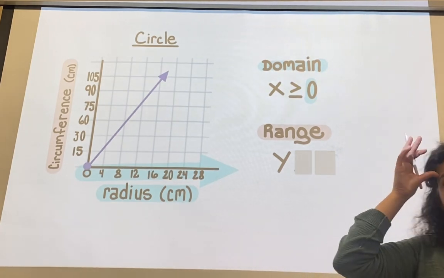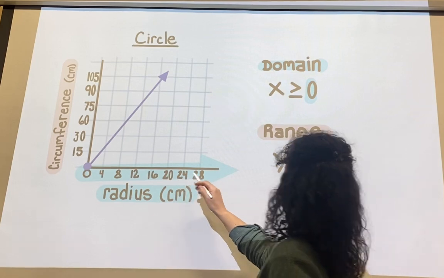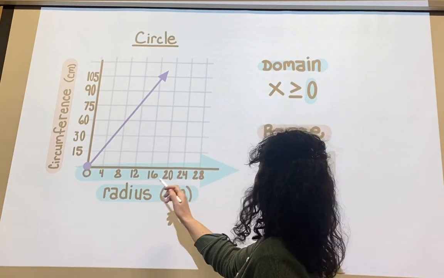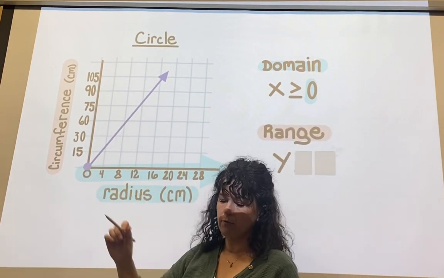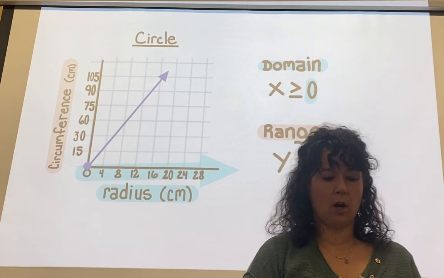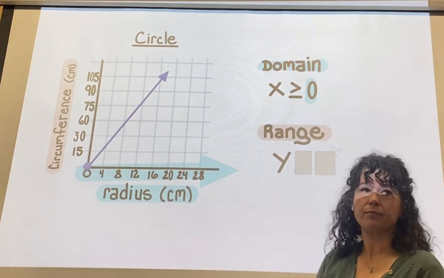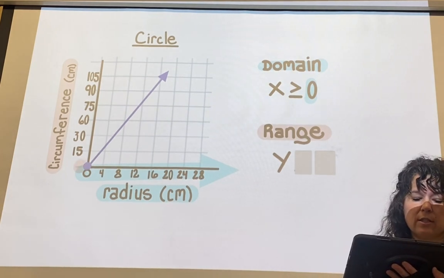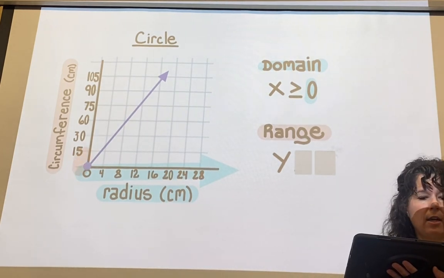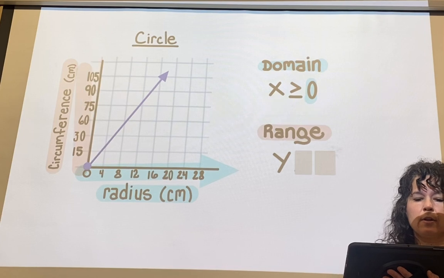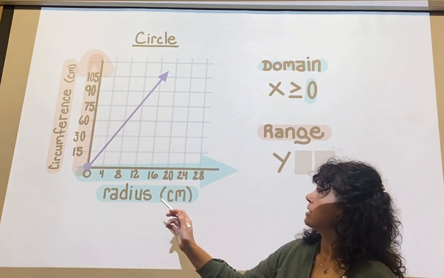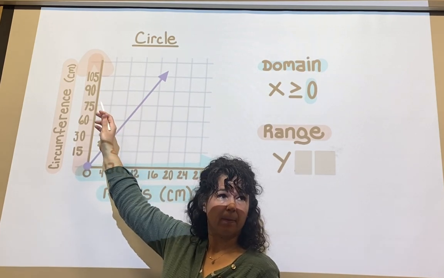Okay, so if we're making our radius bigger than or equal to 0, and our range is the circumference, what's the smallest the circumference could be? 0, because the lowest this is at 0, and then it goes up. See how it goes up forever?